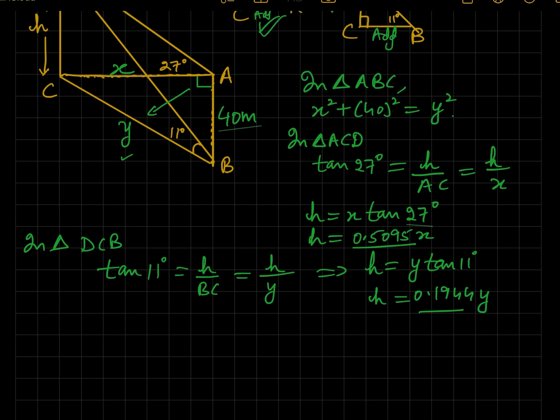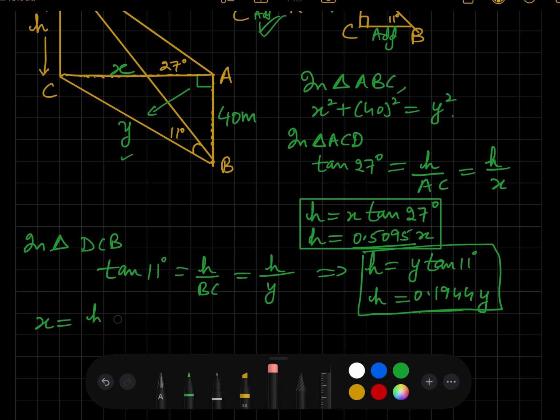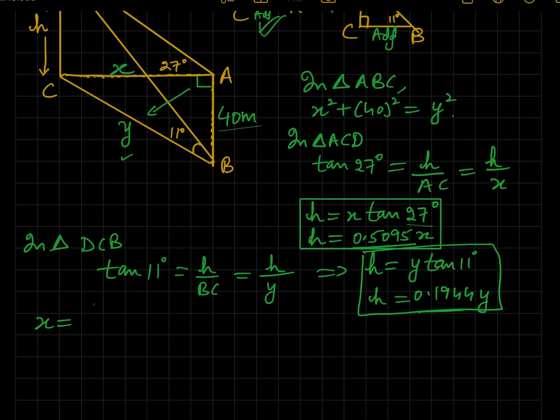So I can say that my x is actually H over 0.5095, or if we do not use the values here, we can simply write that x is equal to H cot 27 degrees and y is equal to H cot 11 degrees, because cot theta is equal to 1 over tan theta.